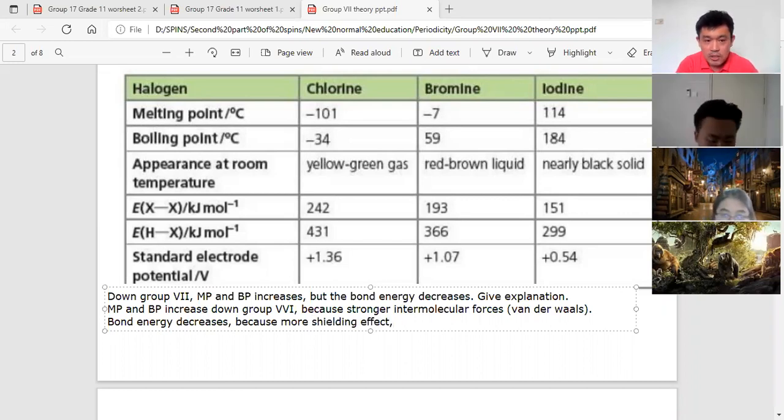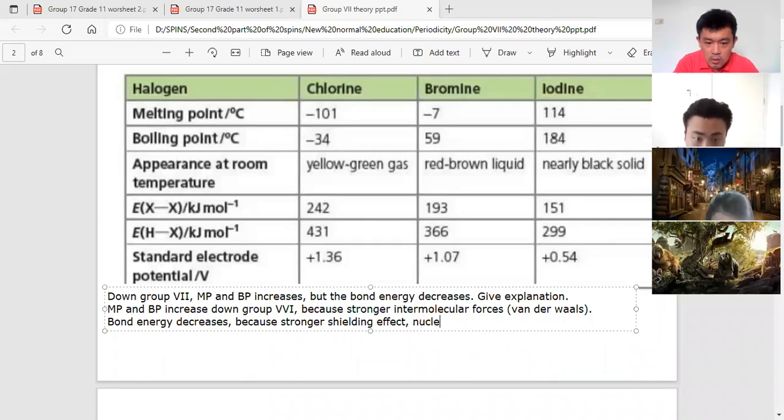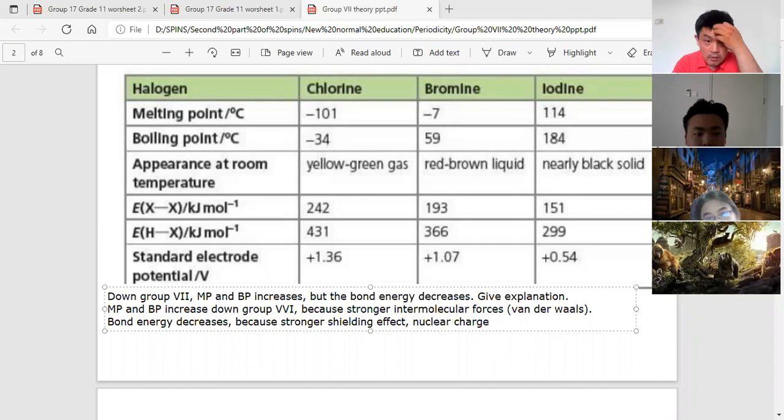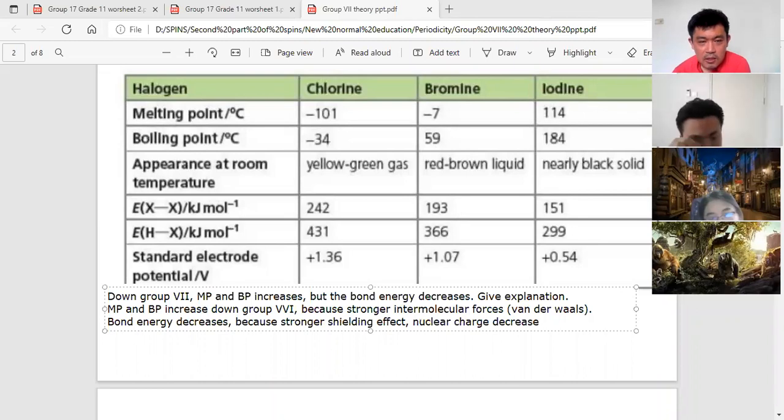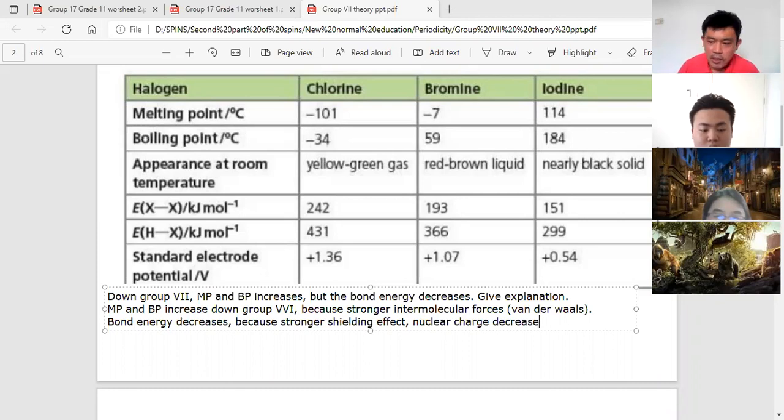How about the nuclear charge? Increase. Are you sure? Maybe decrease. Nuclear charge and shielding effect, their relation is antagonist. Okay, thank you, Rich.